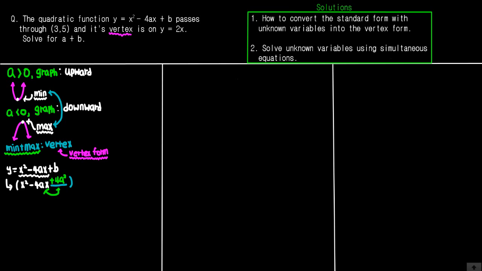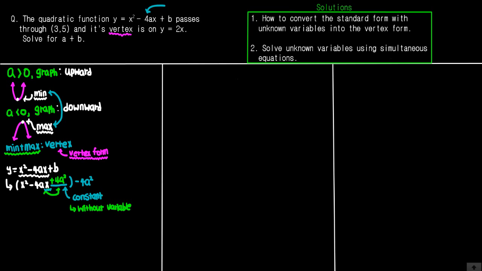But since we added 4a squared, we also need to subtract 4a squared outside of the parentheses, because if we just add 4a squared, it will affect our original quadratic function. The reason we didn't count the x term in our step of making the constant is that a constant is a term without any variables, which means it never varies.